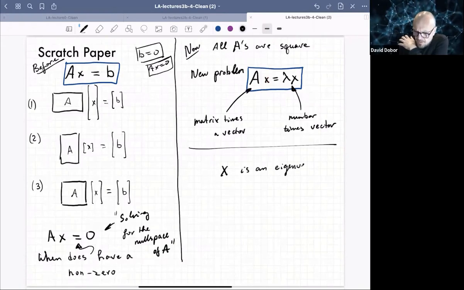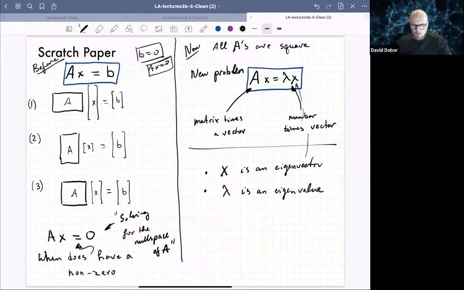This X here is an eigenvector, and lambda is an eigenvalue. We'll see how to find the eigenvalues for a matrix, and those eigenvalues will have associated eigenvectors.